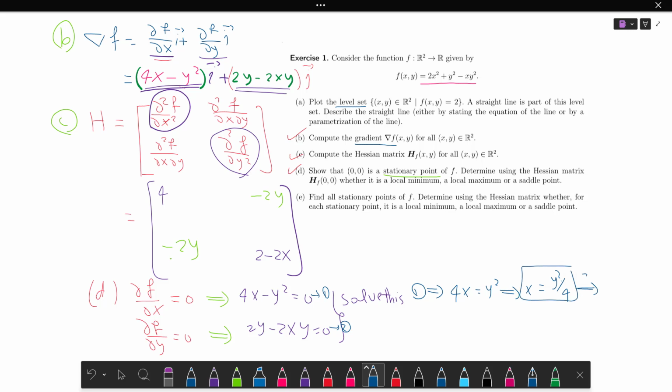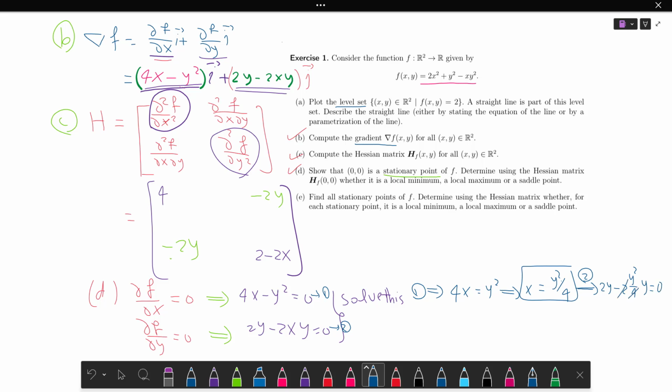Substitute in 2, right? I'm going to replace x by y square over 4. So what do you have? 2y minus y square over 4 times y, equal to 0.